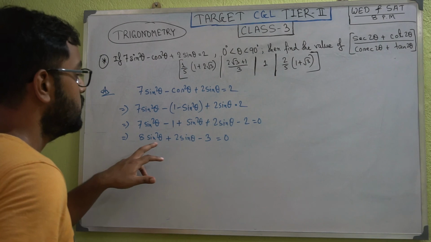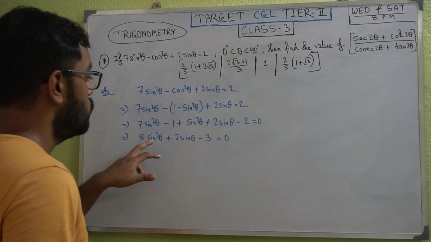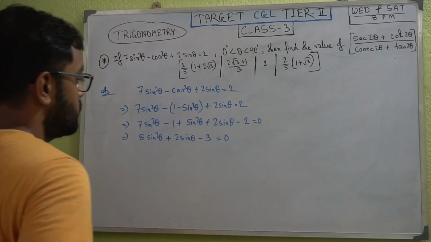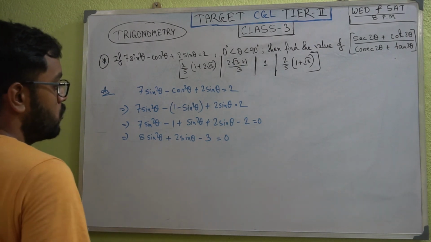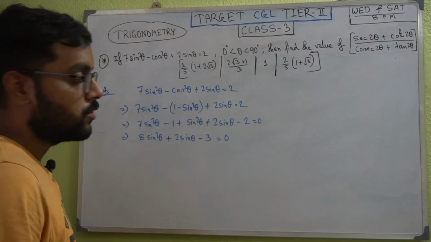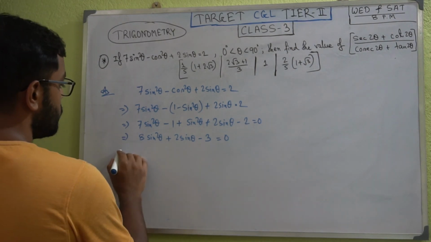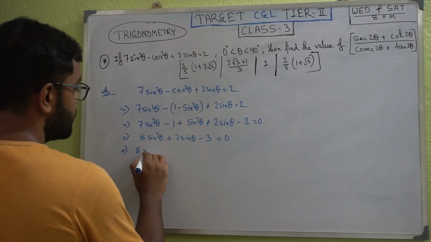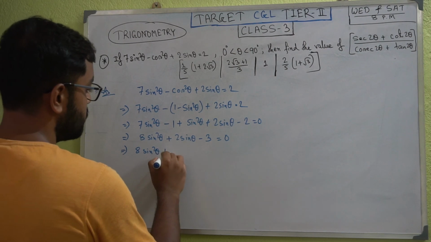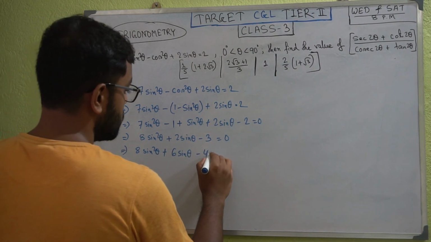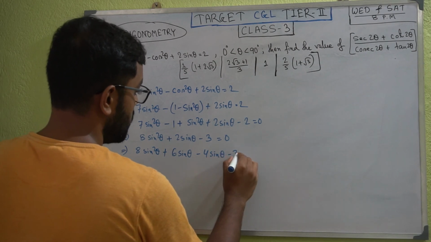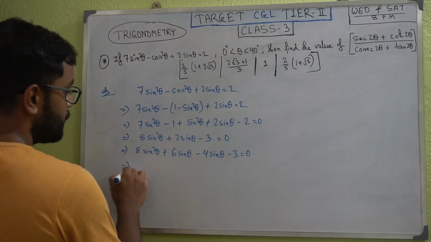Now it is a quadratic equation, so we have to do it by middle term. 8 into 3, that is 24. So we can use 6 into 4, 24. Okay, so 8 sin square theta plus 6 sin theta minus 4 sin theta minus 3 equal to 0.